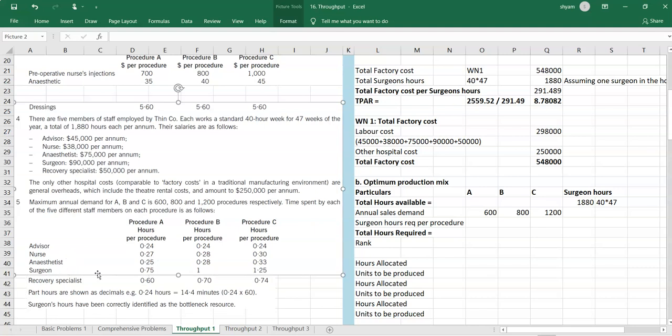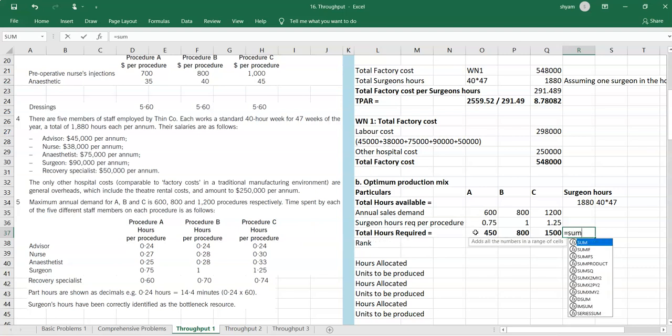It takes 0.75 for A, 1 for B, and 1.25 for C. So what's the total required? The total required is 2750. That is the total hours required.